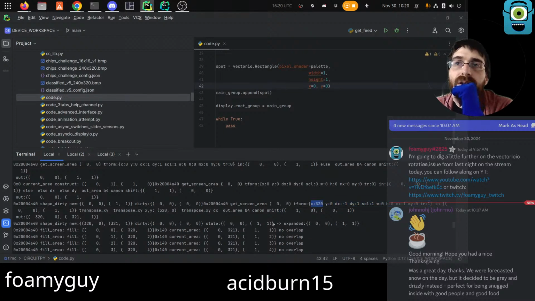Yeah. Still had the 320 there, and then this time we end up at 320, 0, when we really should have ended up at 319, 0 this time, because I have now moved it to 0, 0. And then our out shape, even down here, is like all the way off the display, although I'm not sure.